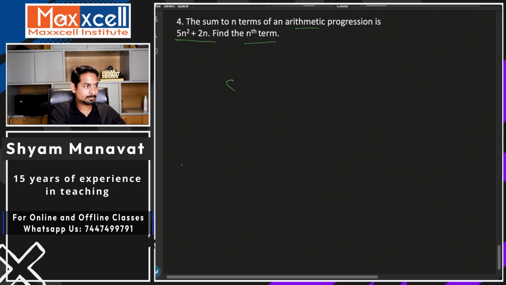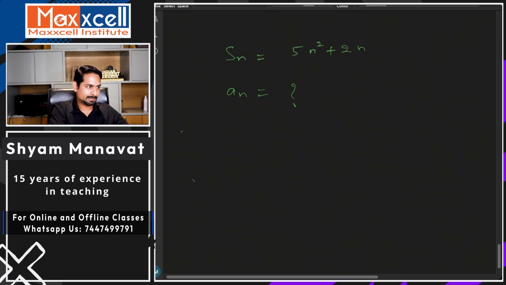So the sum is given as 5n square plus 2n. We need to find what the nth term is, obviously in terms of n itself, right? Oh, my handwriting, man. Oh well, you understood, right? It's a question mark.